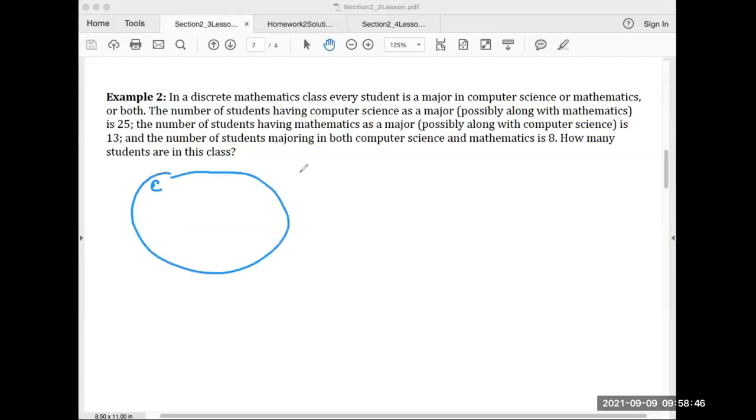and I'll make a picture. And we have math, or we have both. There's overlap, okay? The number of students having computer science as a major, possibly along with mathematics, is 25. So the cardinality of the computer science group is 25.